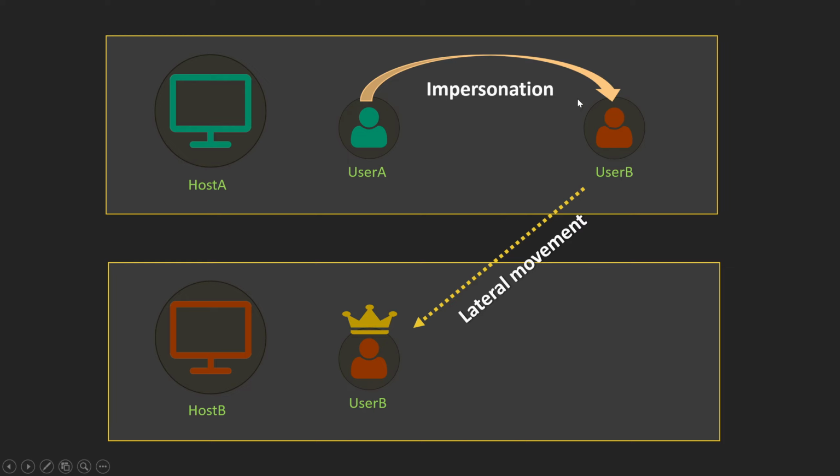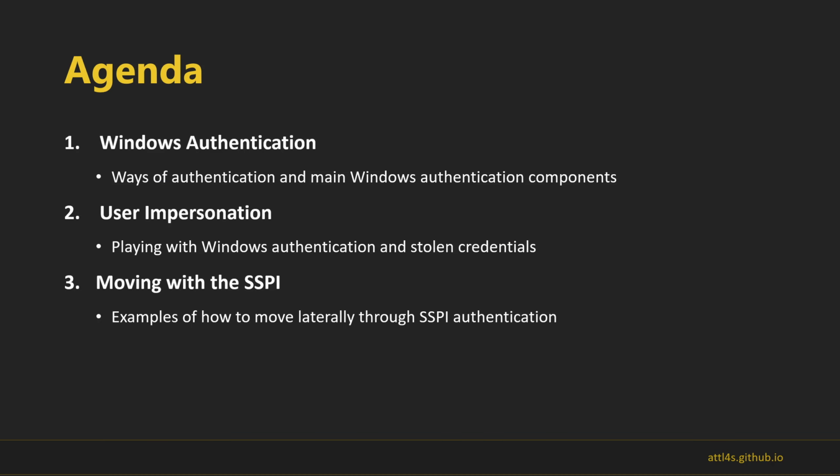We will see techniques to impersonate user B through different kinds of credentials, and then use the new security context of user B to move laterally to another system where he is a privileged user, an administrator, a remote desktop user, or anything.